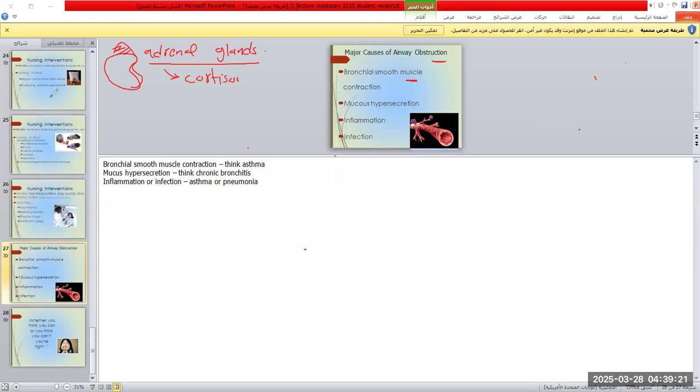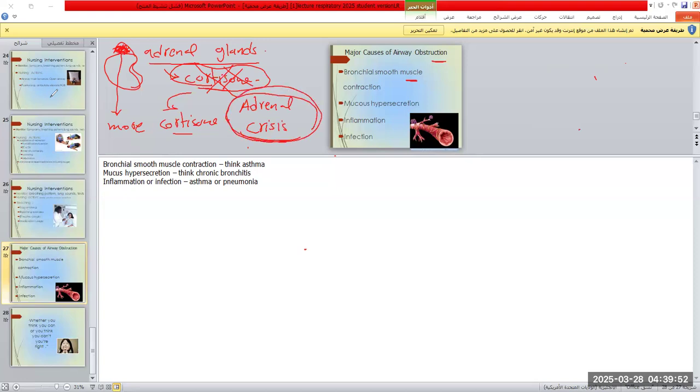If you give the patient cortisone from outside, it will affect this gland, which will not release more cortisone. If you stop this medication suddenly, in one shot, the patient will suffer from something named adrenal crisis.